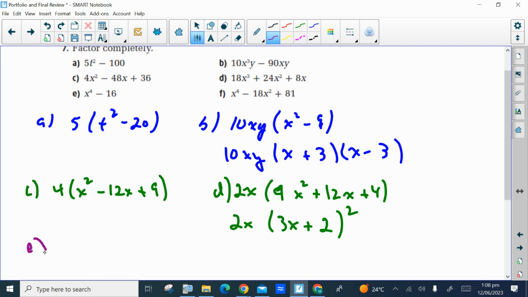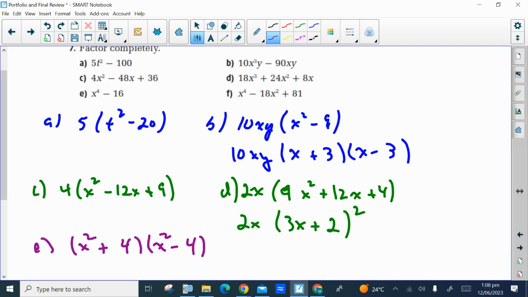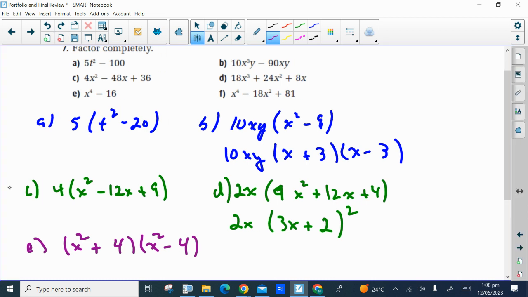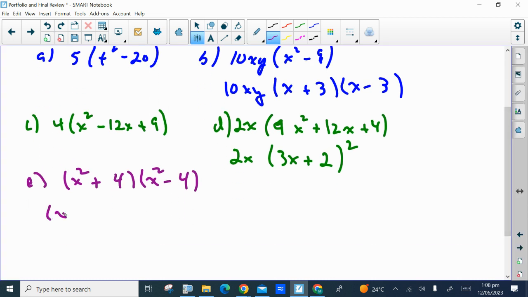Question E is a difference of squares. The square root of x to the 4th is x squared. And the square root of 16 is 4. One's a plus, one's a minus. But this one isn't done just yet because you can't factor a sum of squares, but the x squared minus 4 is a difference of squares again.